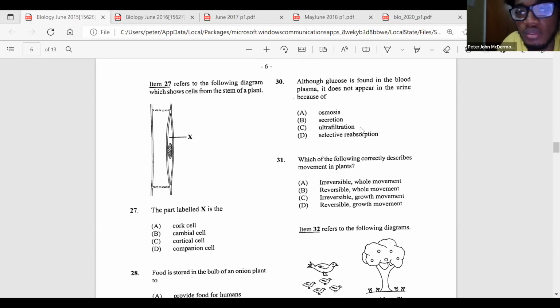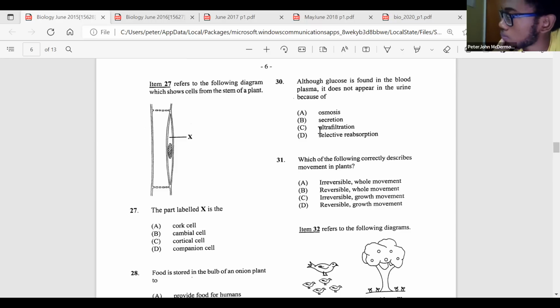I wouldn't necessarily put selective reabsorption. Why? Because glucose doesn't make it out of the glomerulus in the first place.